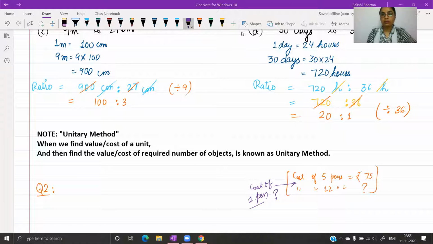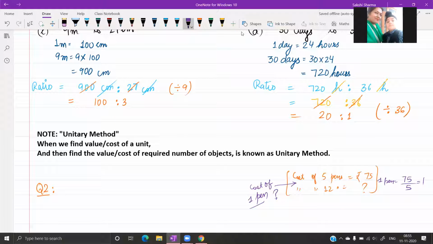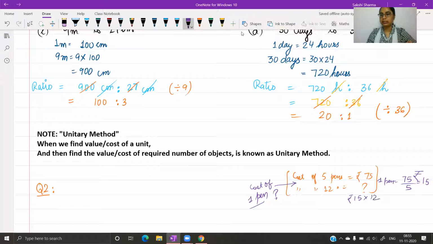What we can do is find out the cost of 1 pen, and then the cost of 12. To find the cost of 1 pen, I'm supposed to divide 75 rupees by 5. This will tell me that 1 pen costs 15 rupees. How much does one pen cost? 15 rupees. After that we can find the price of 12 pens by multiplying, right?